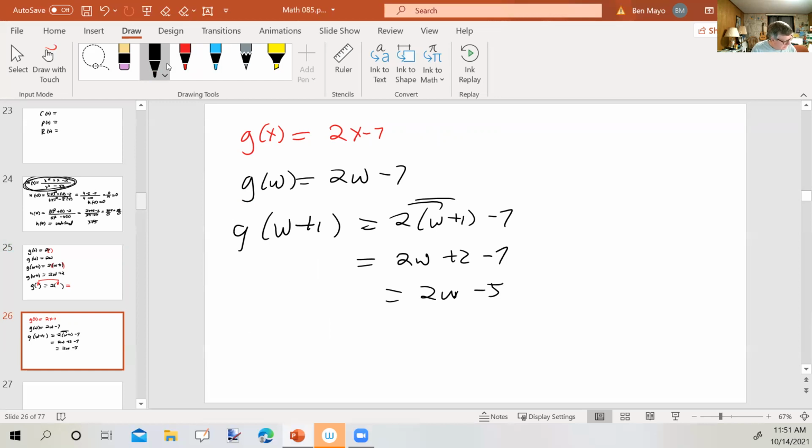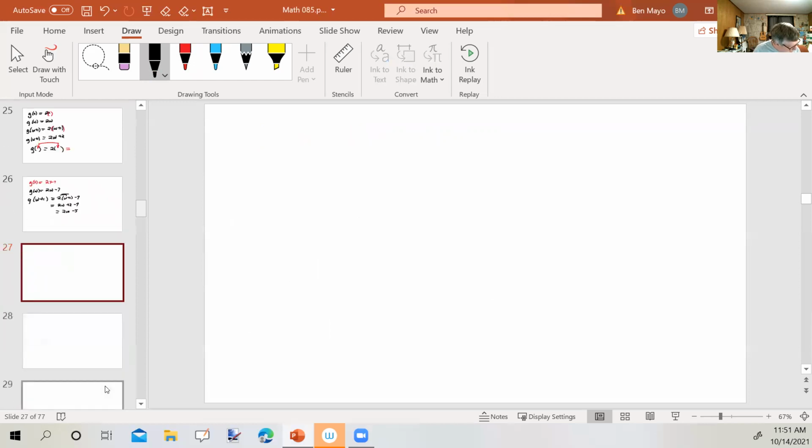Okay. Now, suppose we have the following. It says, let f of x equal negative 2x plus 5.